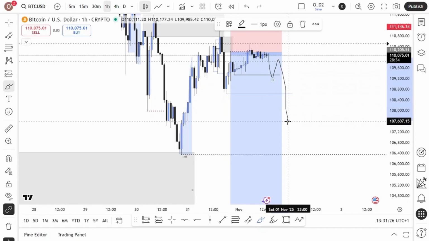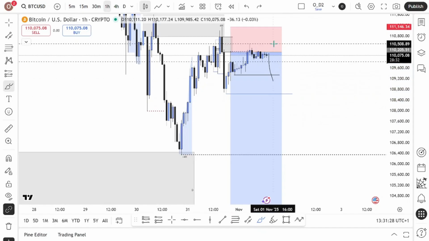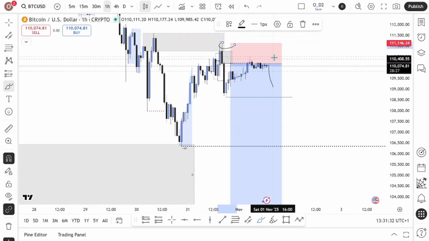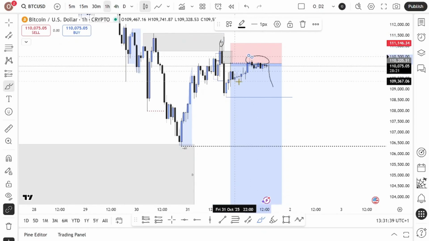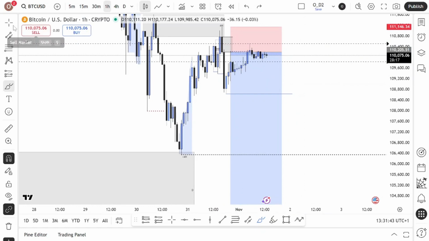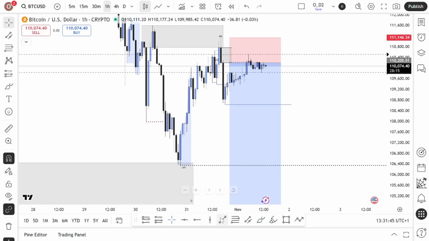Then I'm still going to be shorting from that point. When I do that, I'm going to be reducing my stop loss from this high to the most recent point. Why? Because I'm using confirmation and I'm just trying to utilize my setup basically. That's what I'm doing.